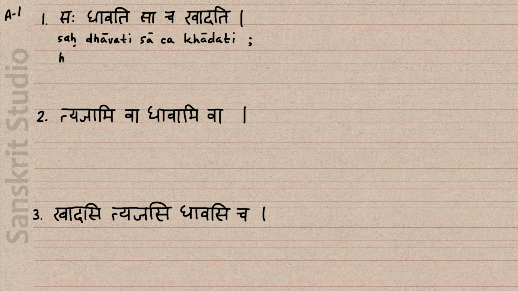And so he, the pronoun saḥ, he; dhāvati, he runs. We have the implicit he in the verb as well. And we have sā, she, and we have an and here, and we have she eats, like that. And what type of and is this? Well, in this case it operates as a clause type of and.